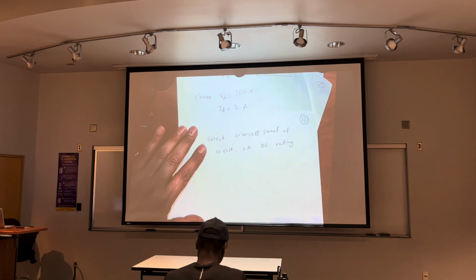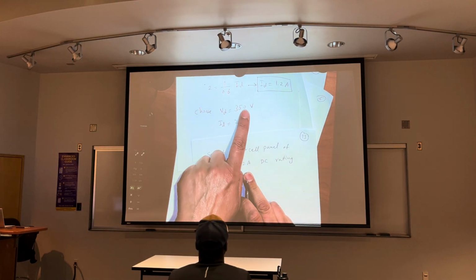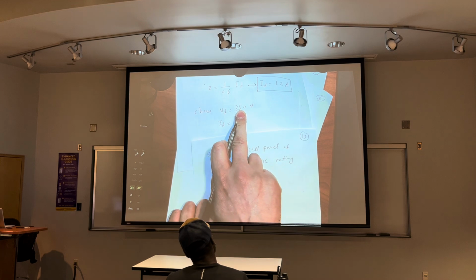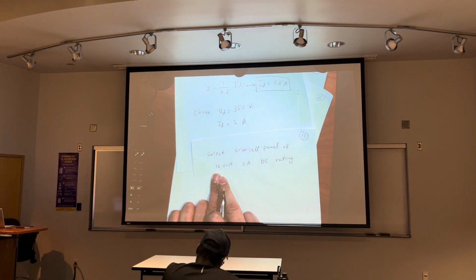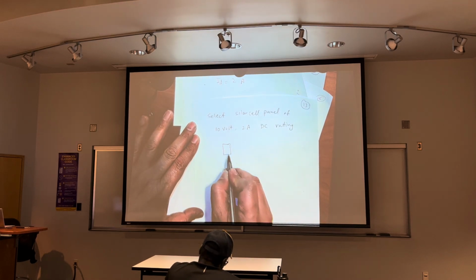So we have 2 ampere, okay. For 350 volts with each panel 10 volts, we divide 350 by 10, which equals 35. So here solar panel 1, 2, up to 35.